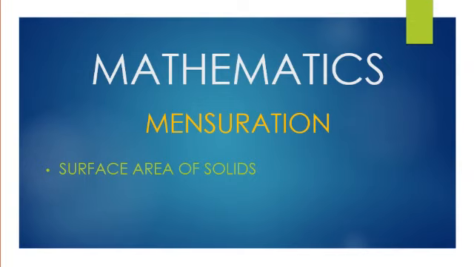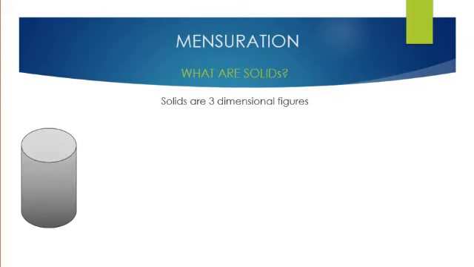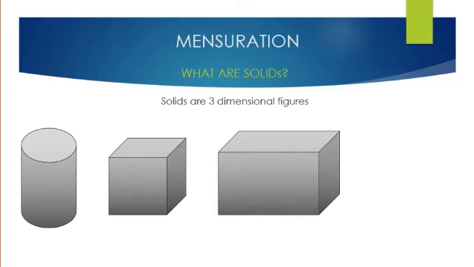Under mensuration, the main things you look at are the surface area of solids and the volume of these solids. Well, you might be asking yourself already, what are solids? Solids are simply objects which are three-dimensional. The common objects we'll find are the cylinder, the cube, the cuboid or rectangular prism, and the cone.